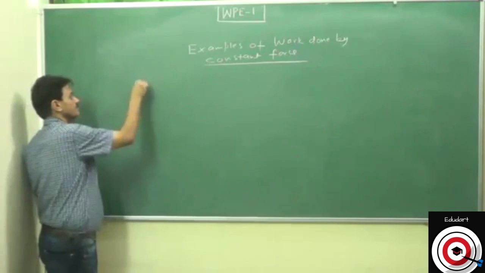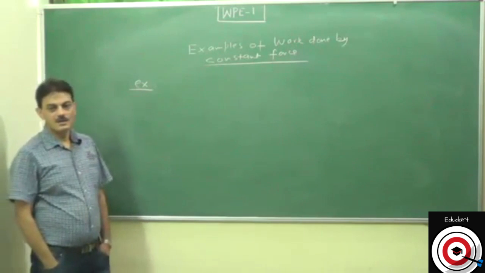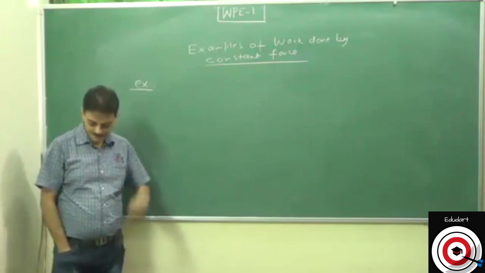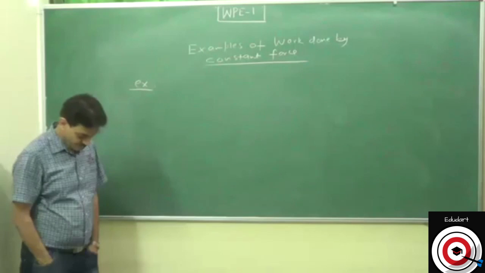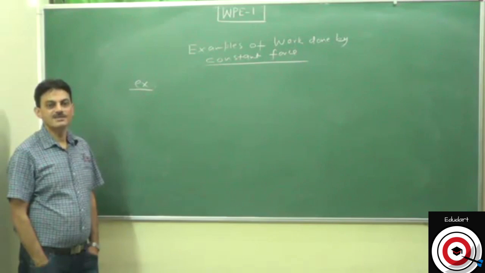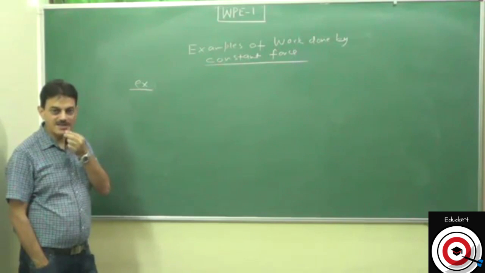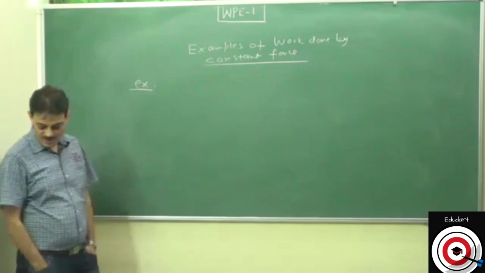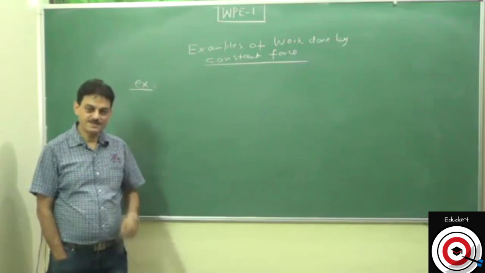First example. A constant force of 5 Newton is acting at 37 degree from positive x-axis towards positive y-axis.